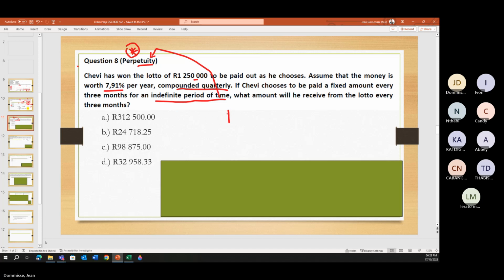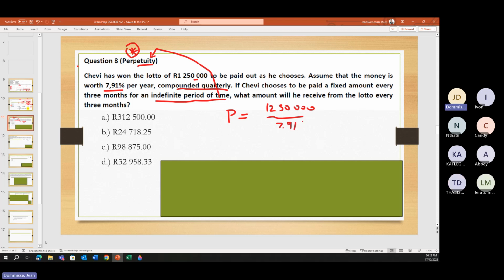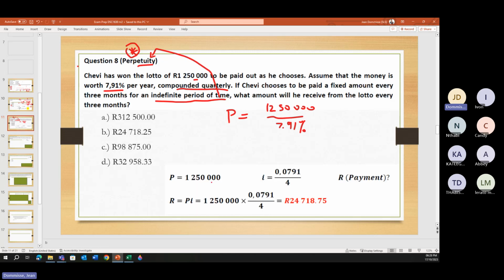Okay, so if I can remember, the formula is normally, so your payment will be P divided by your interest. So again, we just need to check the interest that is compounded quarterly, how we will handle that.